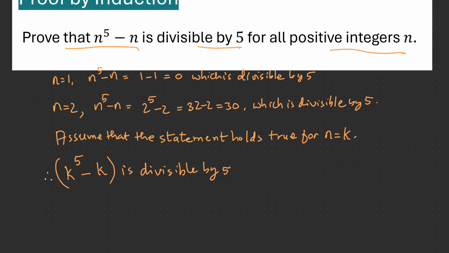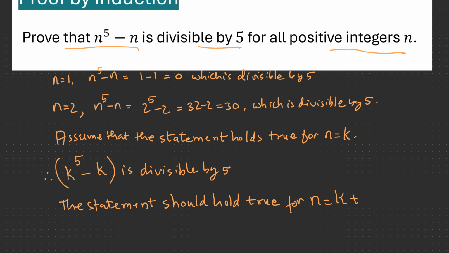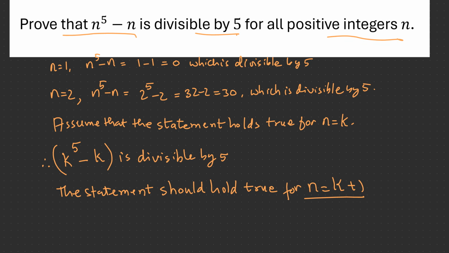So then k plus 1 to the power 5 minus k plus 1 must also be divisible by 5.